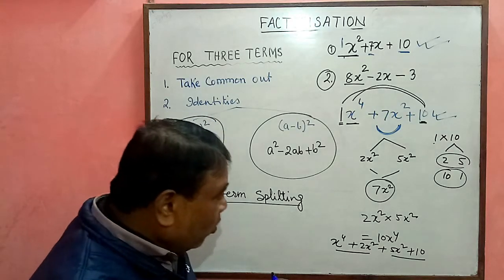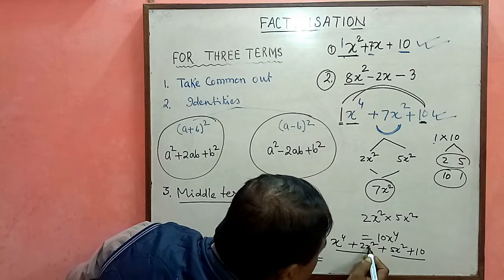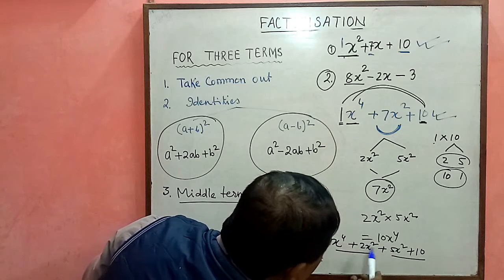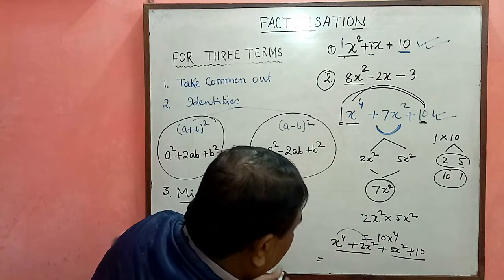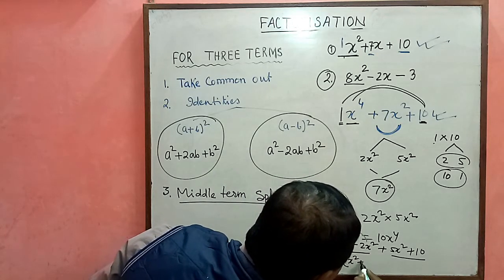You just see how this common term will be formed. Now here GCD is again x square. So take common x square. Now it will be x square plus 2.